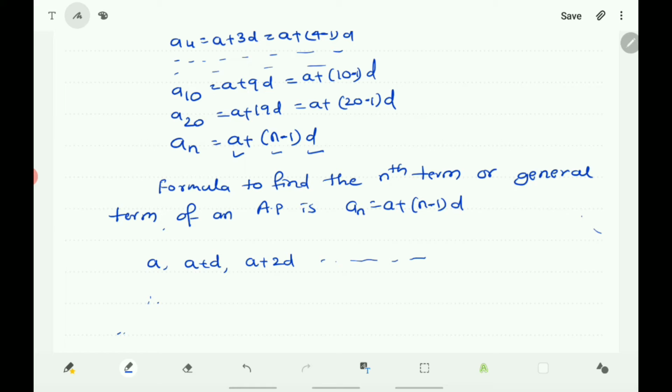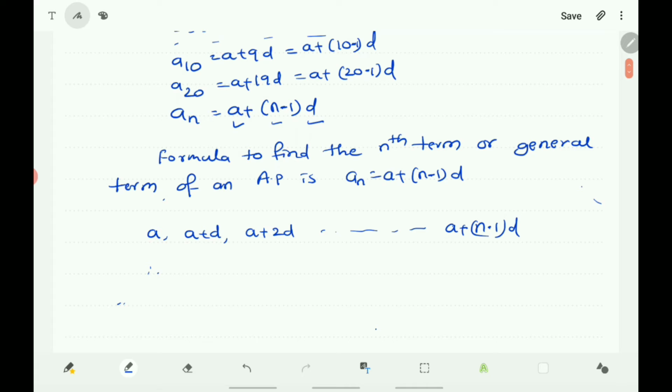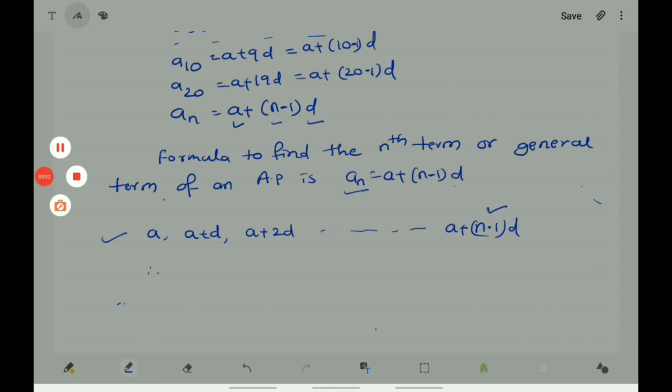If there are n terms, the last term An becomes a plus n minus 1 into d. So this is the general form and general term of an AP. This nth term becomes the last term of the AP if there are n terms.